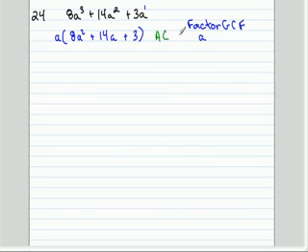My AC, 8 times 3, is 24, and I'm looking for something that adds to a positive 14. What are my factors? 1 times 24, 2 times 12.